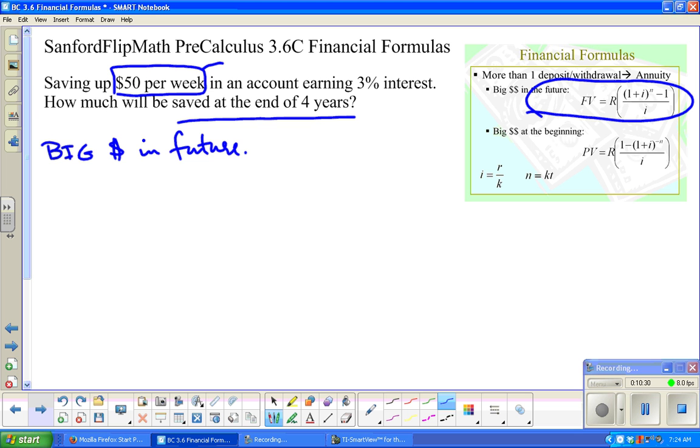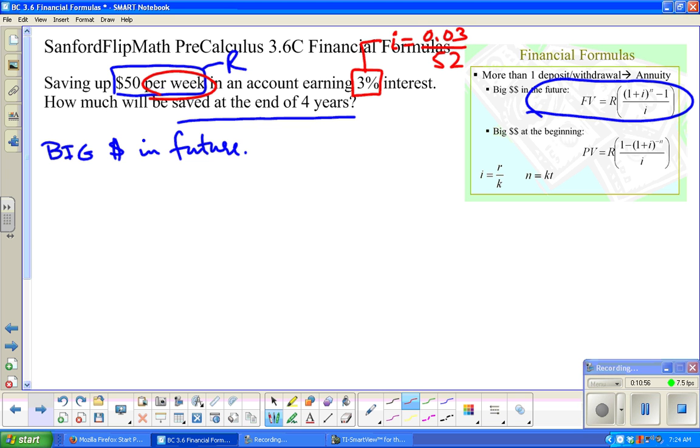So we're going to follow this formula. $50 per week, well, that's the regular payment. That's R. In an account earning 3% interest, well, this is not I all by itself, but that's part of I. Per week, divided by 52.